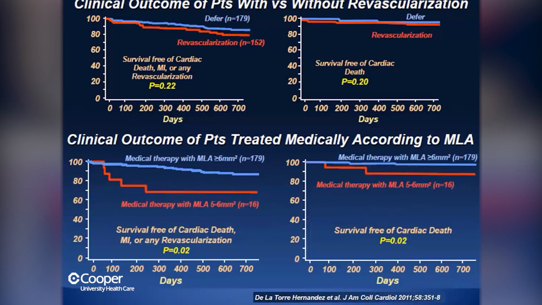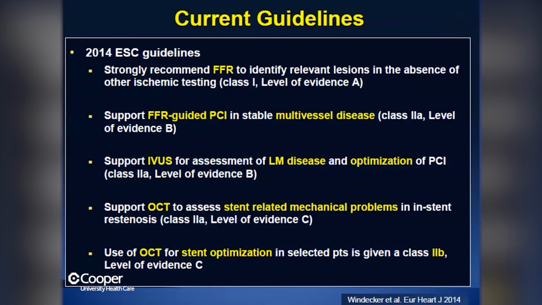So that's why it became the standard of therapy: a simple, very objective measurement, the minimal luminal area at any point of the left main, that will guide the therapy. There's no specific American guideline in terms of usage of the IVUS. There is some European guideline.